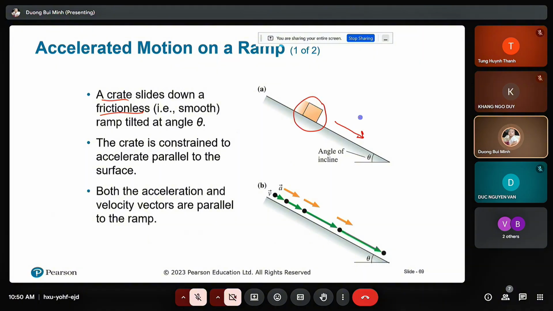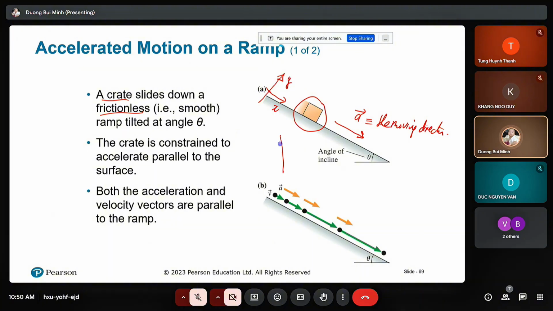Then we choose the acceleration to be the same as the moving direction. Why do we choose vector A to be similar to the moving direction? Because we can choose the coordinates like this: this one the x, this one the y. It's easy for you to do the analysis.